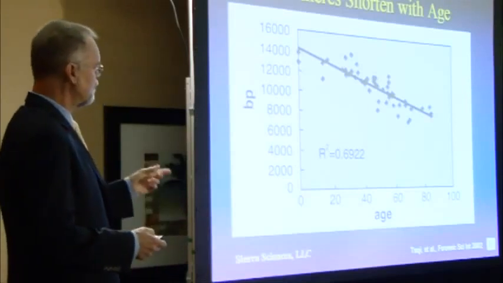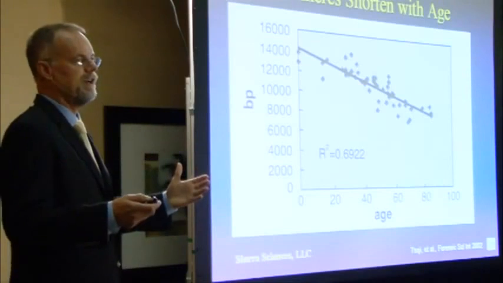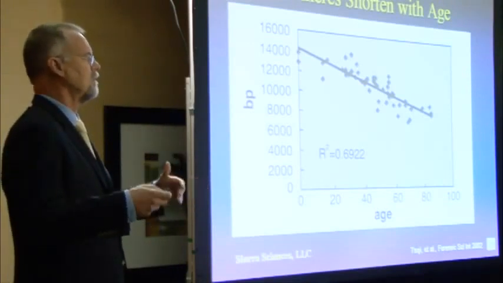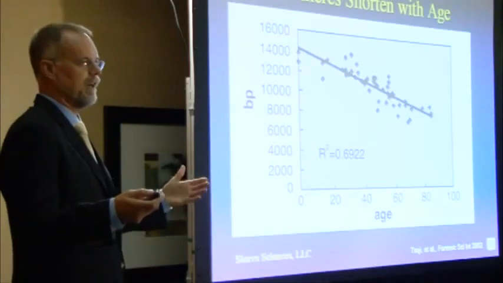Cells will divide at different rates in different people. And there are other things besides cell division, which I'll talk about a little later, that cause telomere shortening. But it's still a very linear relationship. I can take blood from any of you and measure the length of your telomeres, and I can tell you approximately how old you are and how long you have before you die of old age.